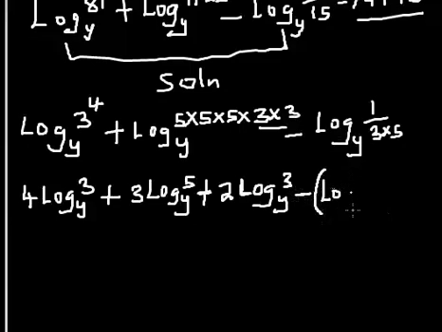So now this is going to be minus, then log, I have 1 all over 3 times 1 over 5, which is still something else.